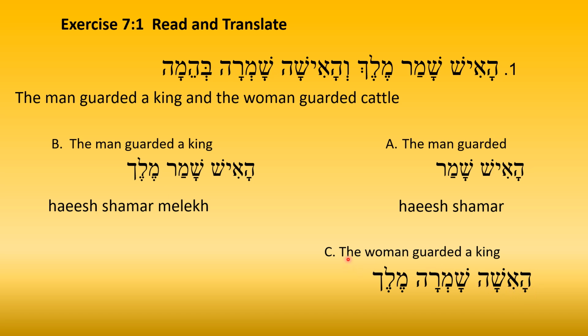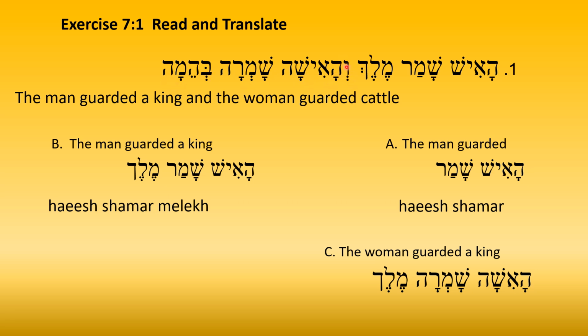It might be faster, in this case, just to type it out. But notice how easy it is to know exactly what you're going to be typing or writing. The woman guarded a king: you look up here and see the phrase the man guarded a king, and the phrase the woman guarded. So you take the phrase the woman guarded and replace cattle with king. Essentially you take Ha'isha shamra behema and replace behema with melech.